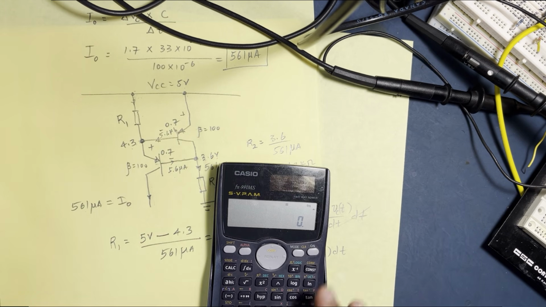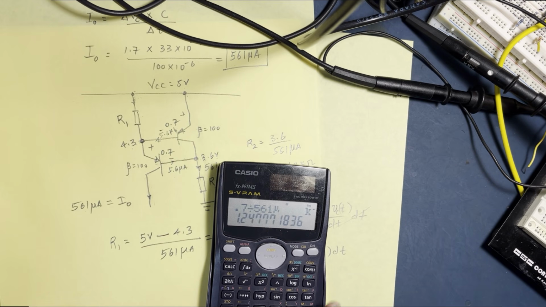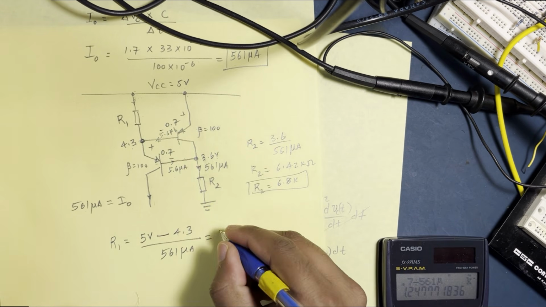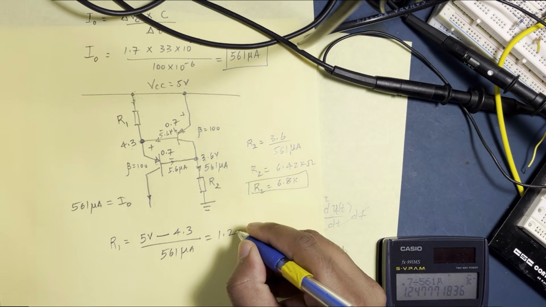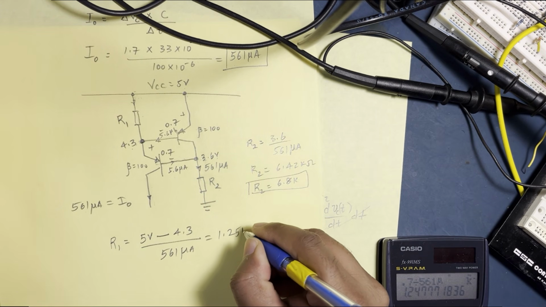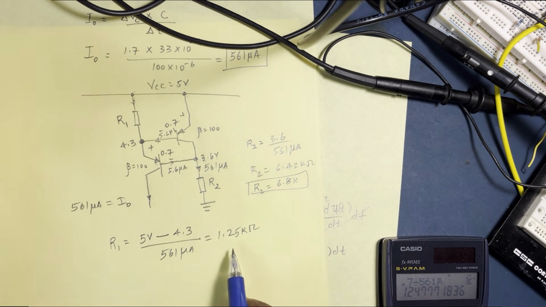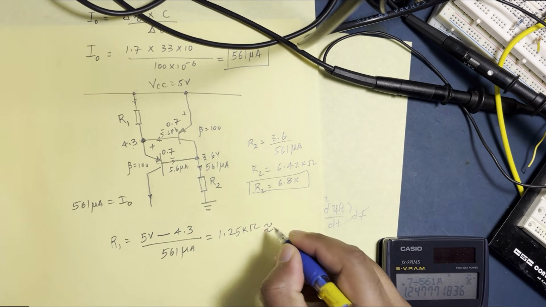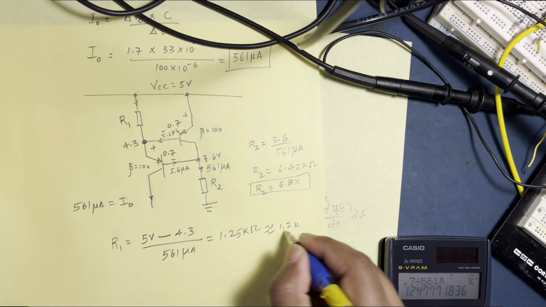So sorry, it's a 6. So 0.7 divided by 561 microamps. We get about 1.25 kilo ohms, right? So I believe this is in a 1% resistor. You can get this, but we're going to approximate it to 1.2K, right? So that's the standard value.